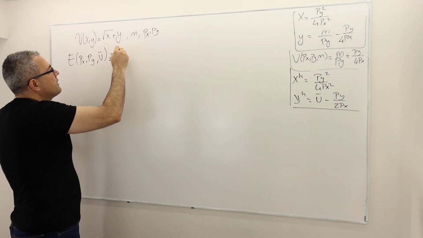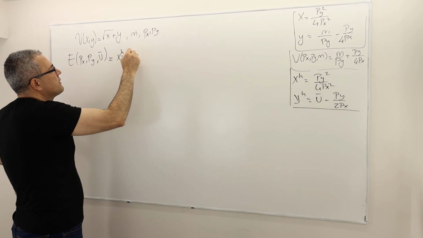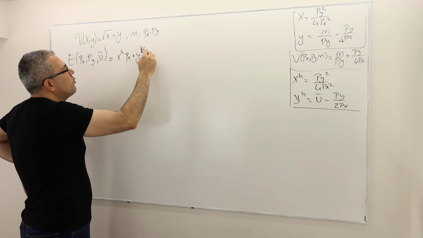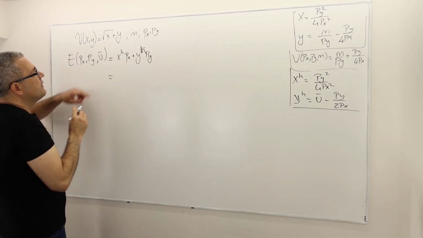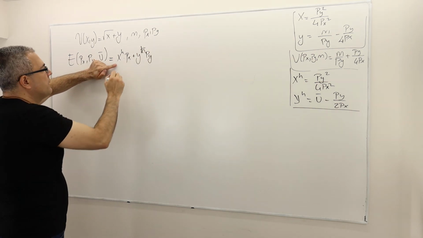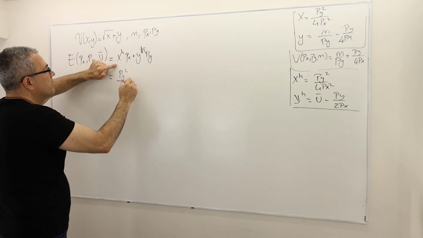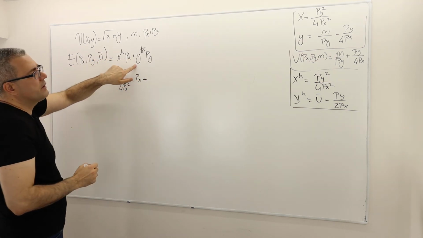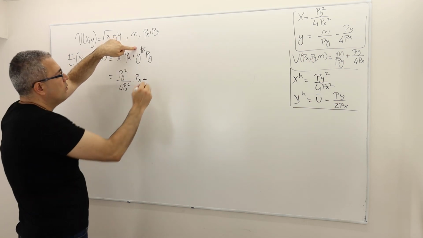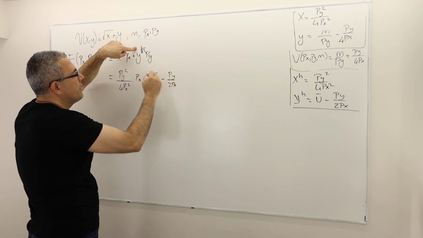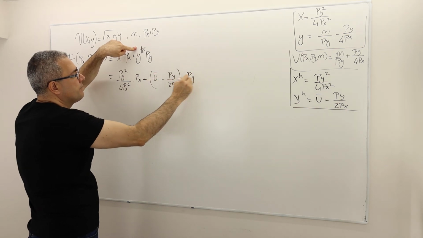So this is x Hicksian times px plus y Hicksian times py. What is the Hicksian demand for good x? We already found it: py squared divided by 4px squared, times px, plus the Hicksian demand for good y, which is u bar minus py divided by 2px, times py.